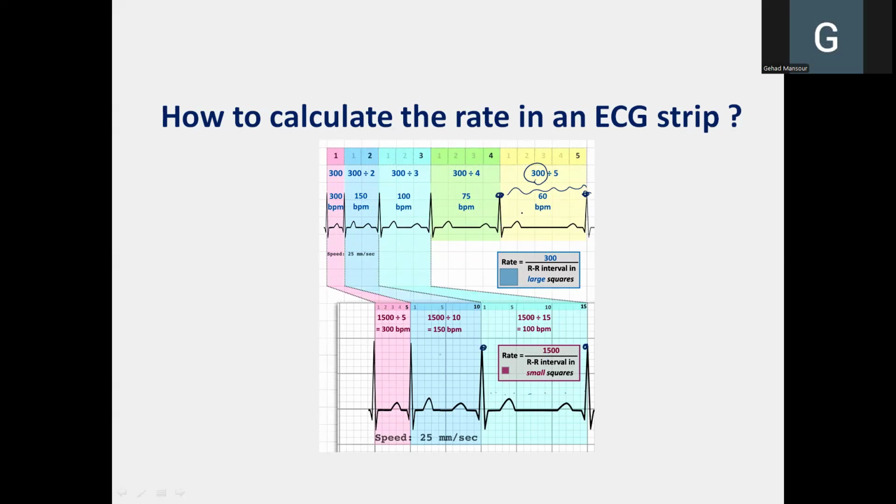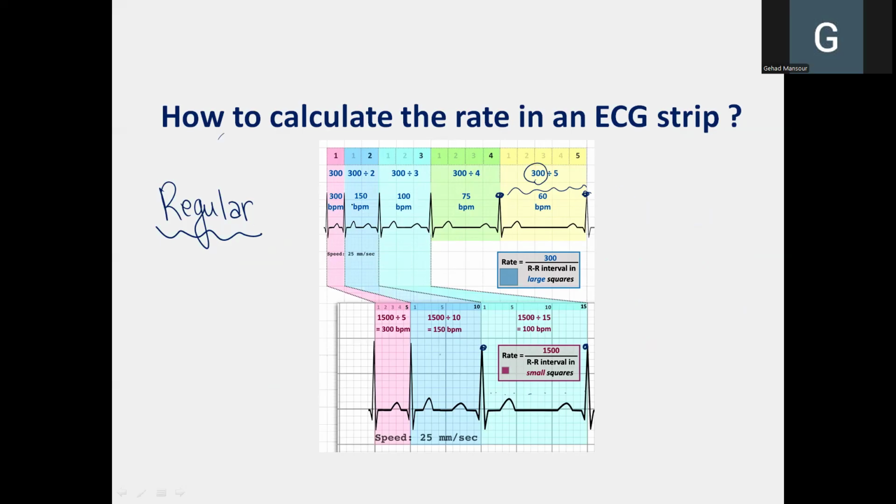This is for regular rhythms. I will never ask you to calculate the rate in irregular rhythms, although we said this before. I'm not sure, maybe I would ask you to calculate the rate in atrial fibrillation. So I'll be reminding you how to do it in addition to the regular rate. So here we have a regular rate.